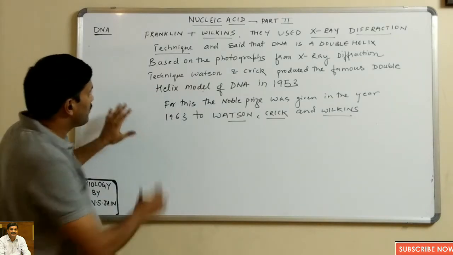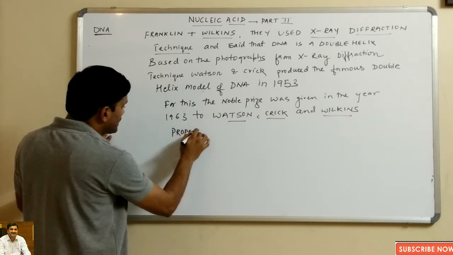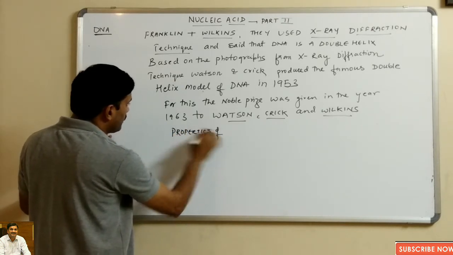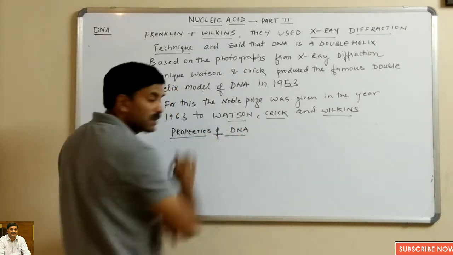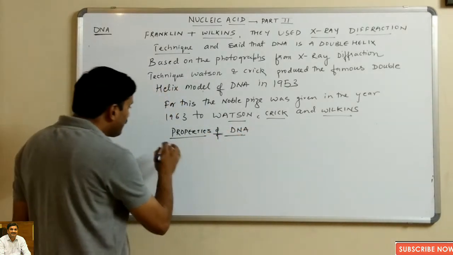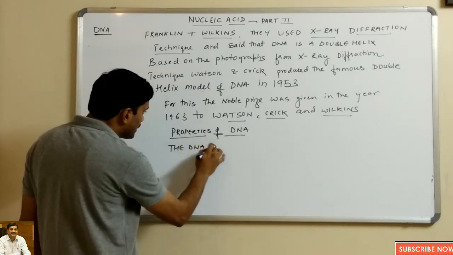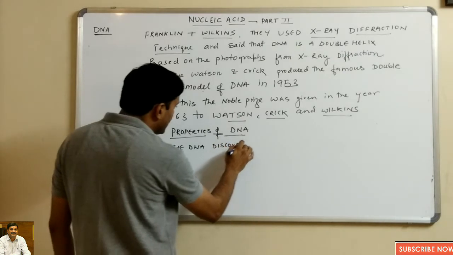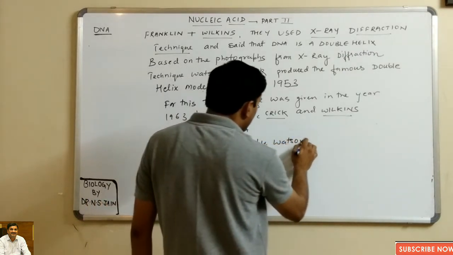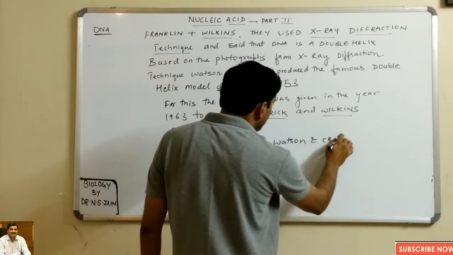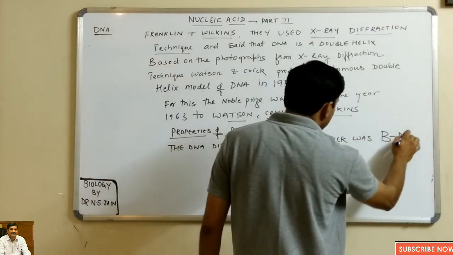Okay, now you must know about some properties of DNA. Very first, the DNA discovered by Watson and Crick was B-DNA.